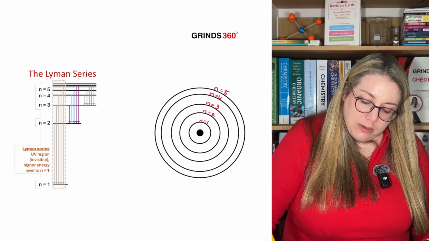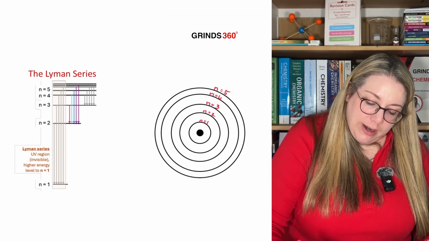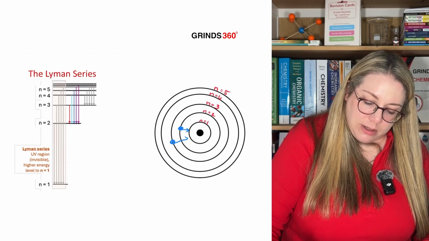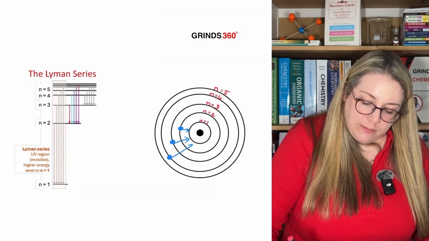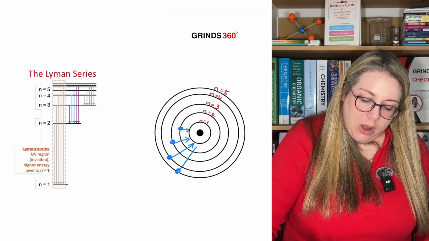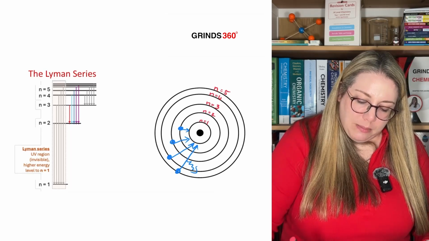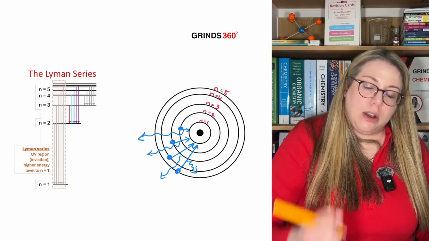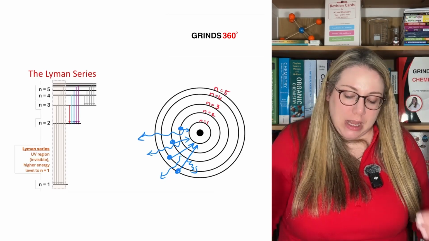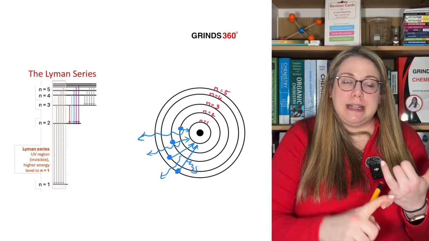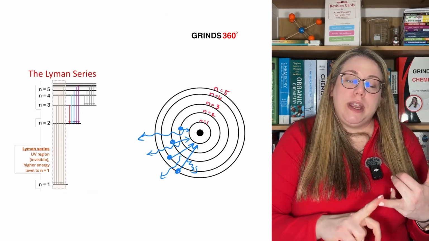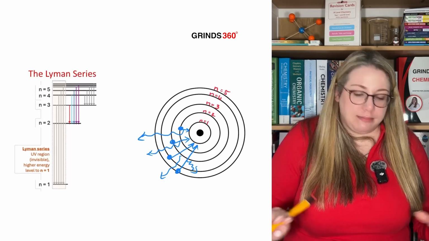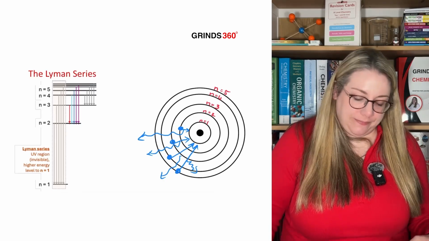So all you need to know here is any of the higher ones down to n is equal to 1, so 3 to 1, 4 to 1, 5 to 1. All of those photons being emitted will appear in the ultraviolet region. So what do you need? You need to be able to name it as Lyman, know that your electron is falling to n is equal to 1, and that's it. That's all you need to know from that, and it's in the UV.